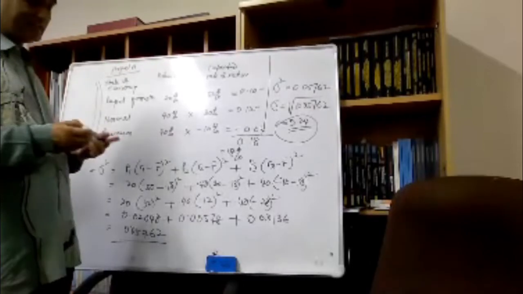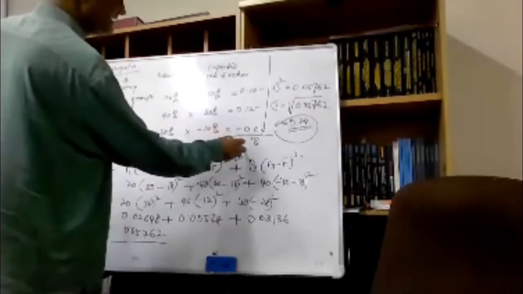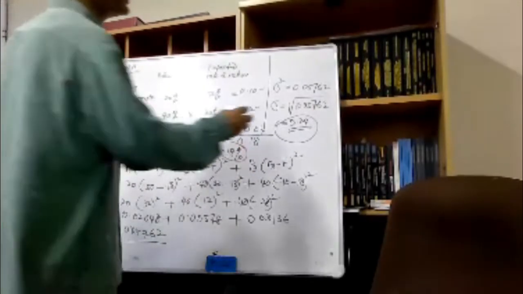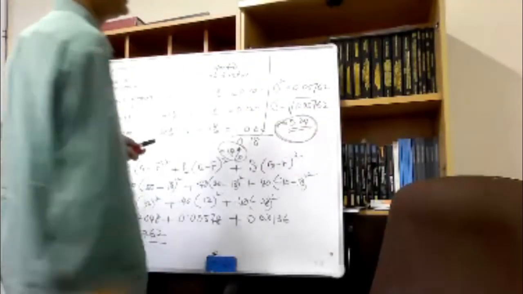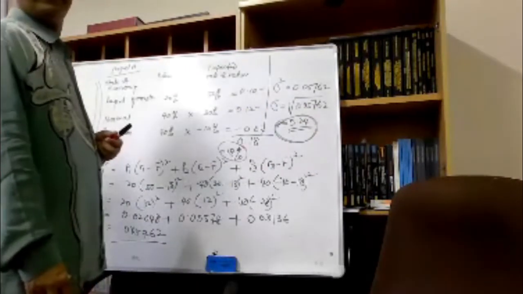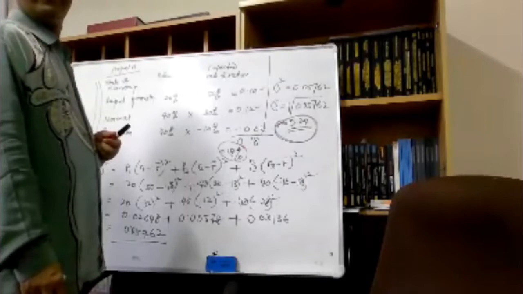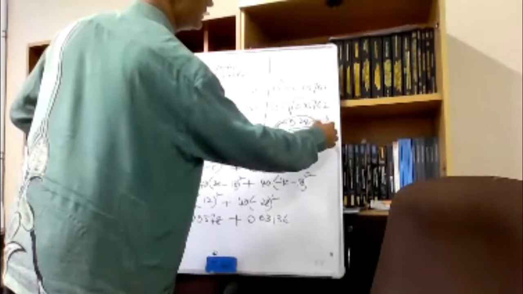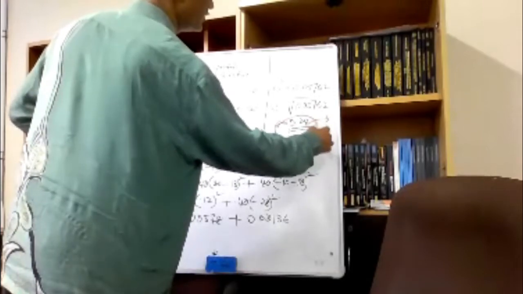Your expected return is how much? 18%, right? Standard deviation is 0.24. If the standard deviation is close to 1, it is the riskiest one.